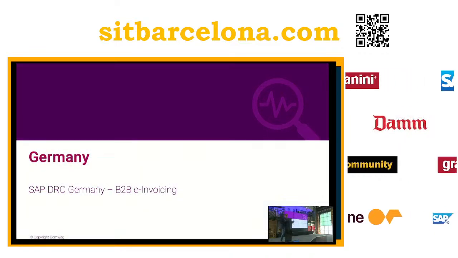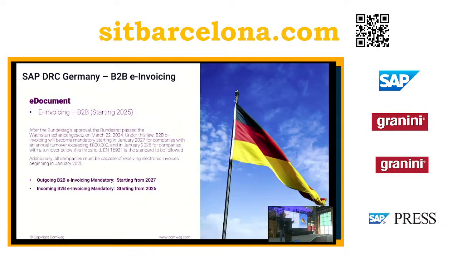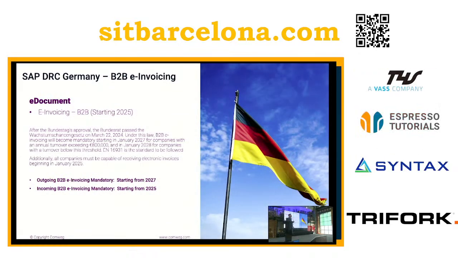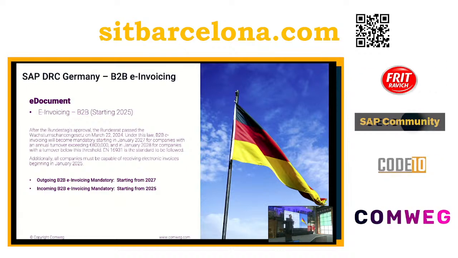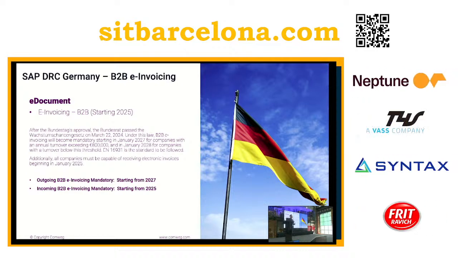So, let's talk about Germany a little bit. In Germany, they will introduce the electronic invoice in 2025. The law in Germany is complicated because they obliged the taxpayer to receive the electronic invoice, but it's not mandatory to send.